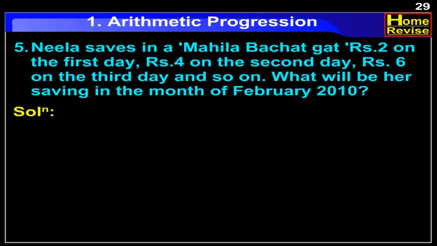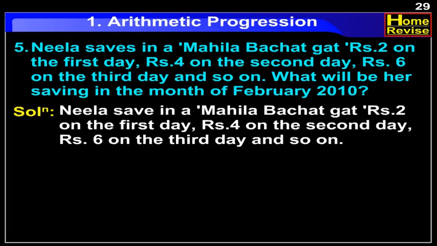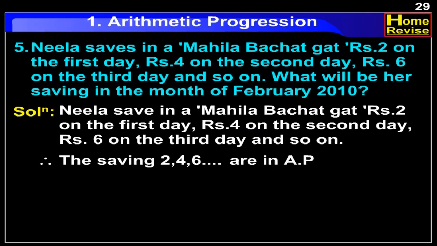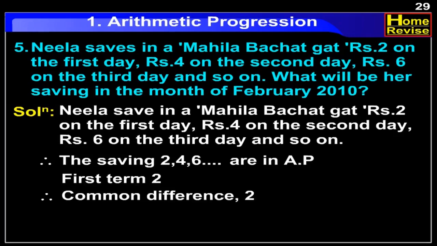Solution. It is given that Neela saves in a Mahila Bachat Gat rupees 2 on the first day, rupees 4 on the second day, rupees 6 on the third day, and so on. Therefore, the savings 2, 4, 6 and so on are in arithmetic progression, with the first term 2 and the common difference 2.